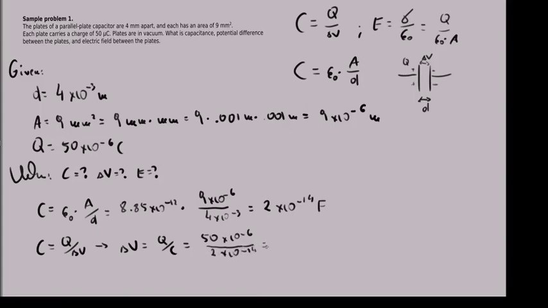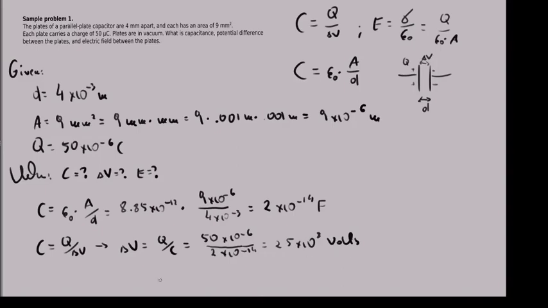This is easy enough, we can do it in our head. So we're going to get 25 times 10 to the 8th volts. Let's make sure that's true. And it is. Okay, so we have that.